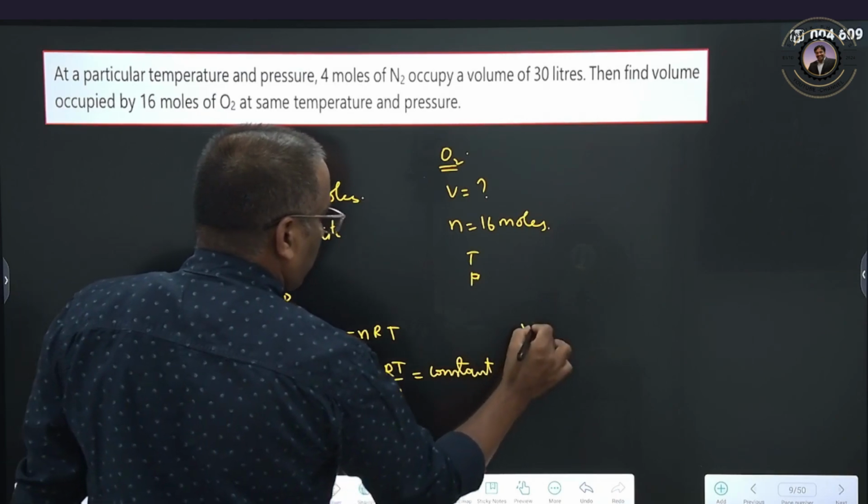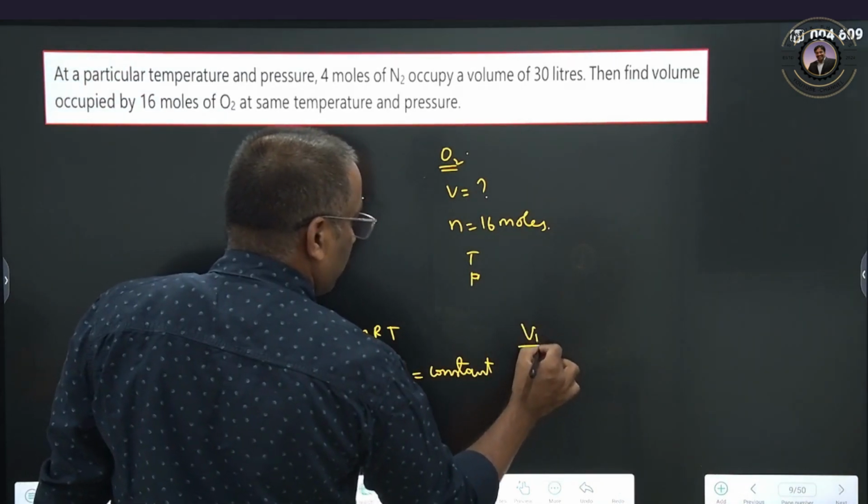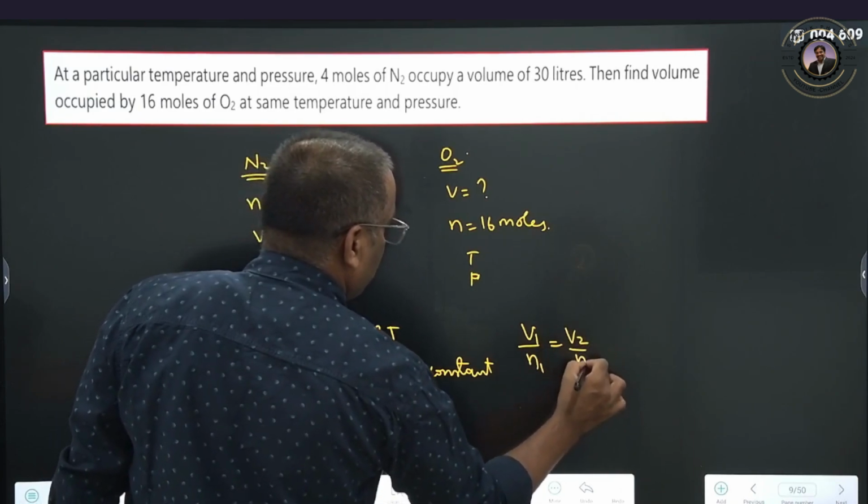Clear? Therefore V by N is constant, V1 by N1 equals V2 by N2.